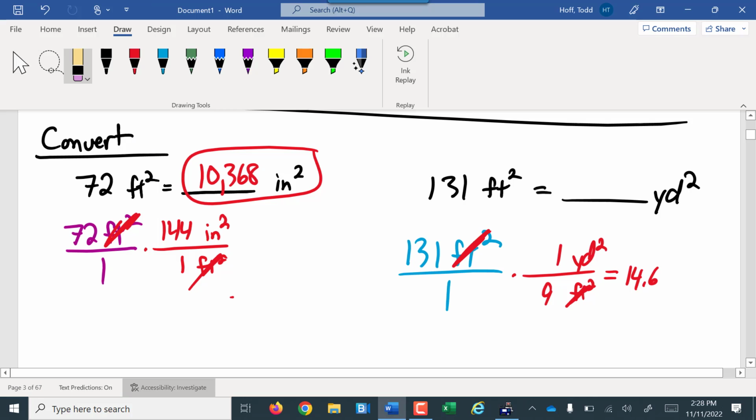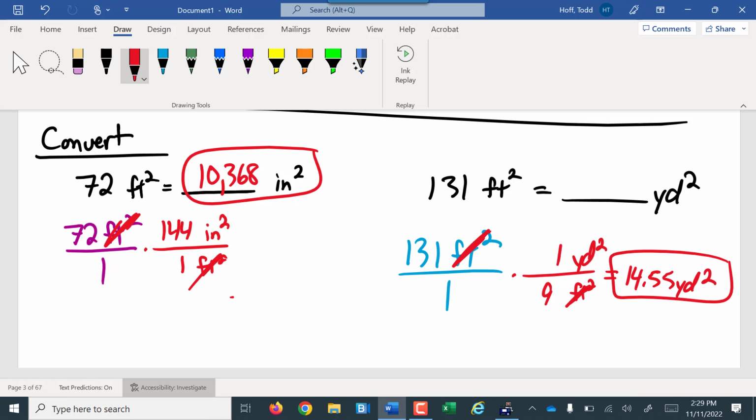You're absolutely correct, Peyton. 14.55555. There you go. From the naughty list to gold star in one move.